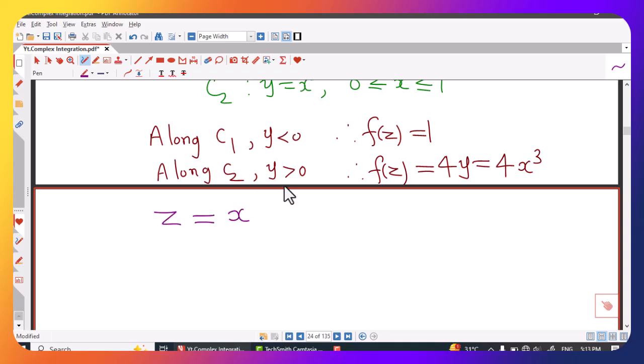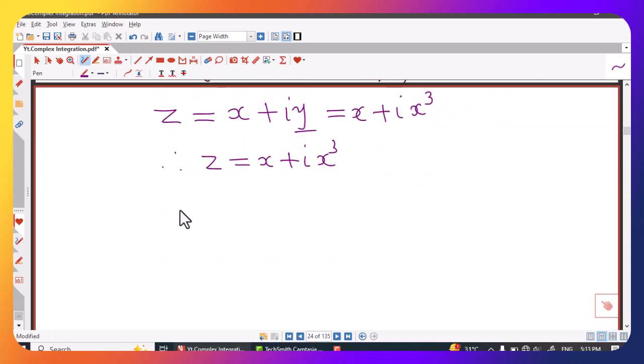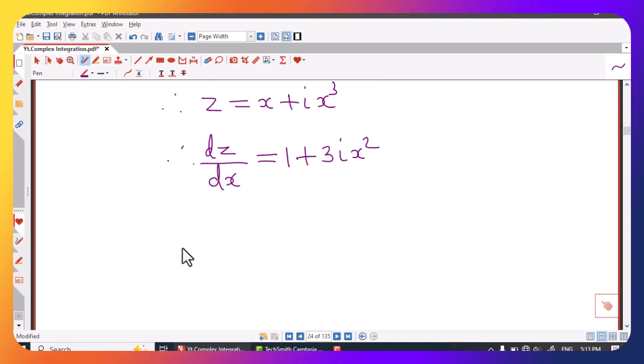Now if z is any point either on C1 or C2, then because y equal to x cube, z becomes x plus i times x cube. Because z is a function of x only, now we can find the derivative of z with respect to x. Derivative of x is 1, and here we have 3x square into i, that I can rewrite as 3i x square.